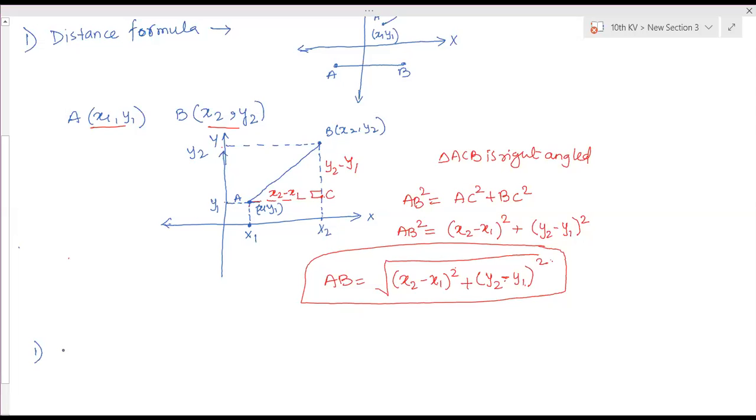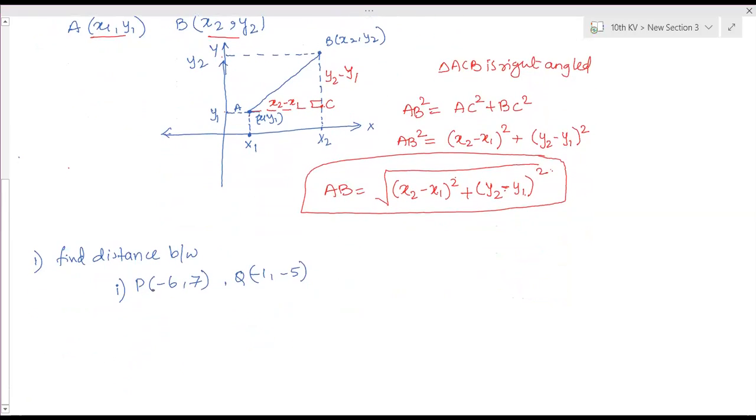First one, find distance between. First point is P minus 6, 7 and Q minus 1, minus 5. So these are the coordinates given. We have to find out the distance between PQ. So any one we can consider as x1, y1 and x2, y2.